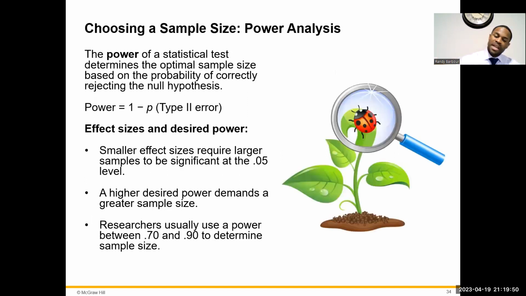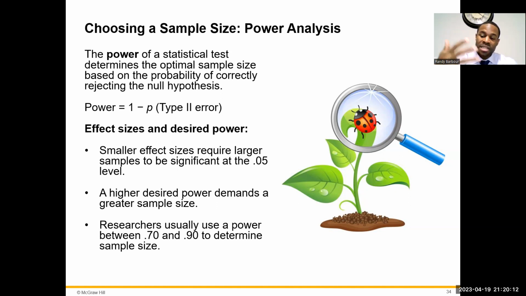Okay. The second thing that we do before a study, right? We want to know what our effect size is, so we try to predict it. We set our alpha level. We also try to predict what effect size we want to see in our results, and our power analysis lets us know what sample size I need in order to get the effect size that I want, right?